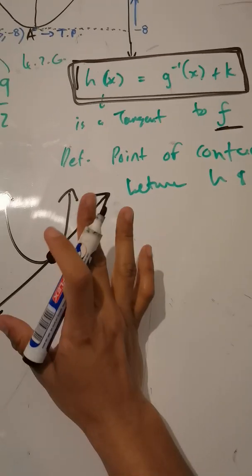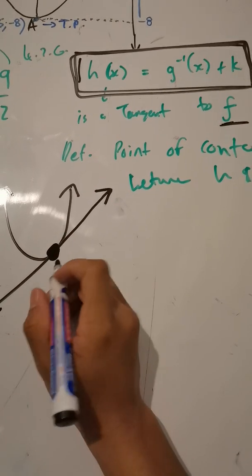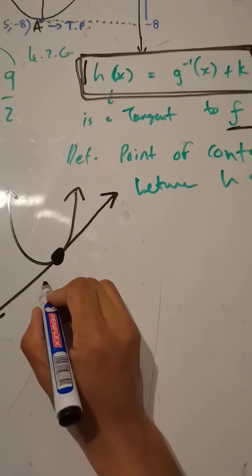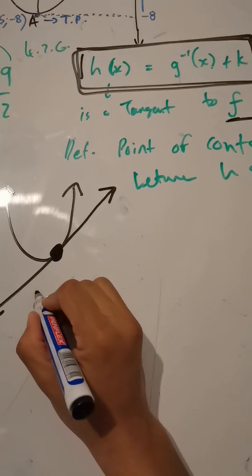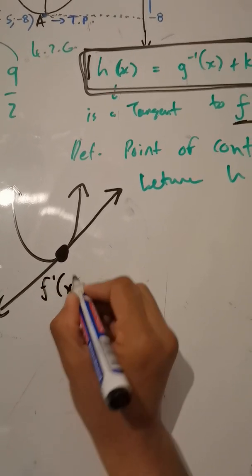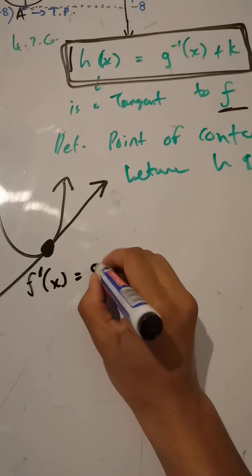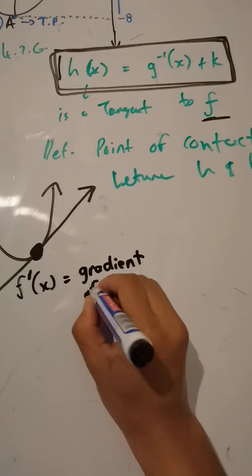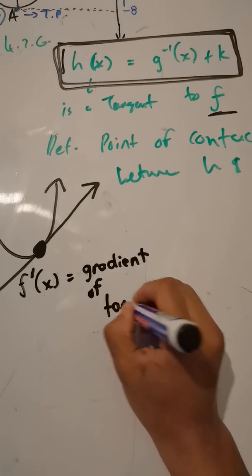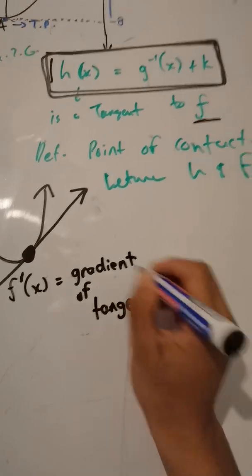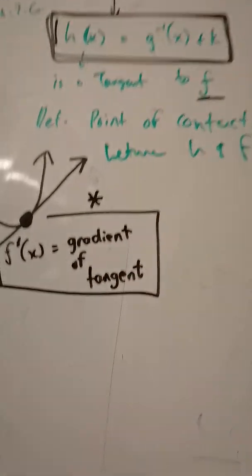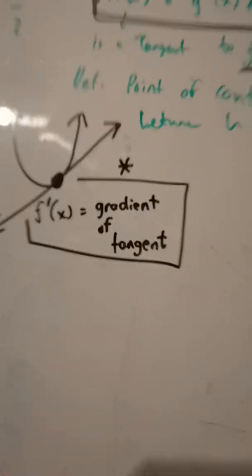And what do we know about a tangent? The main thing we have to remember about tangents and parabolas is that the first derivative of my parabola is equal to the gradient of my tangent.